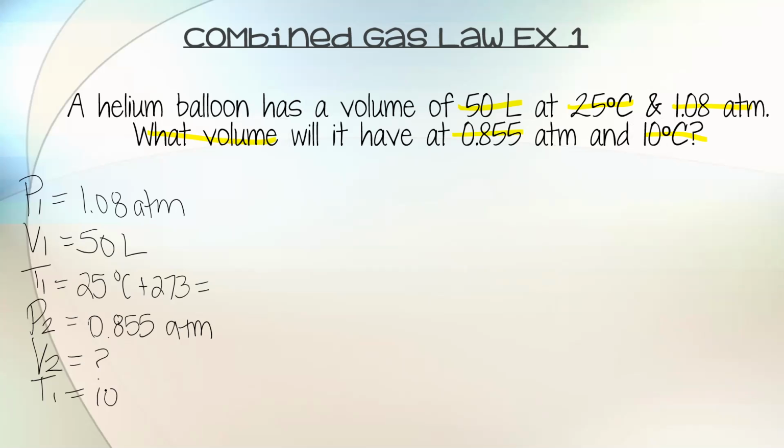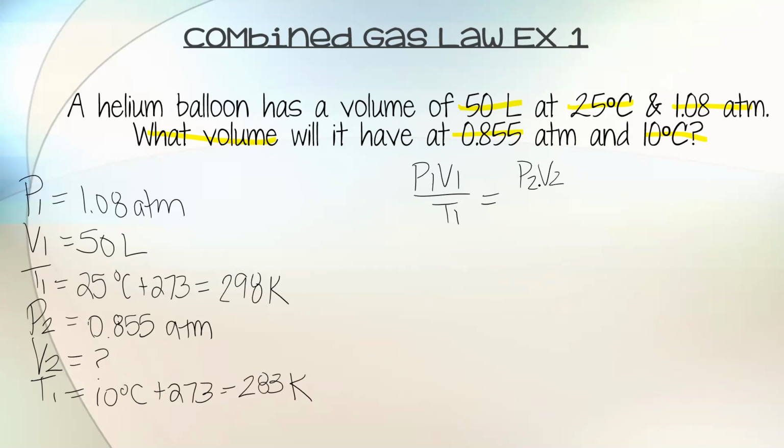So we're finding V2. So I have P1 V1 over T1 equals P2 times V2 over T2.